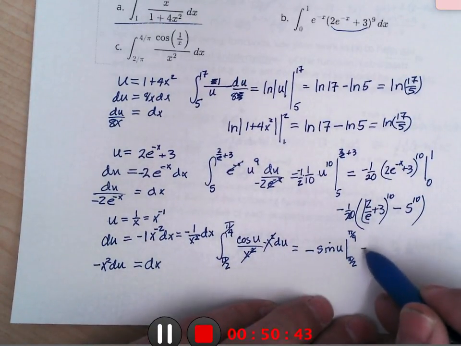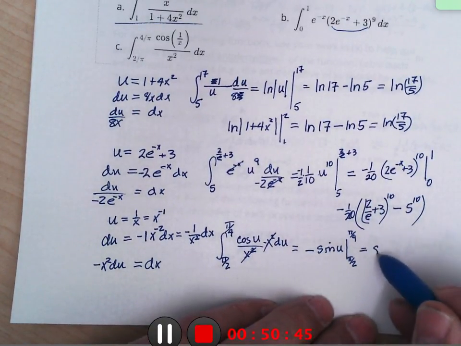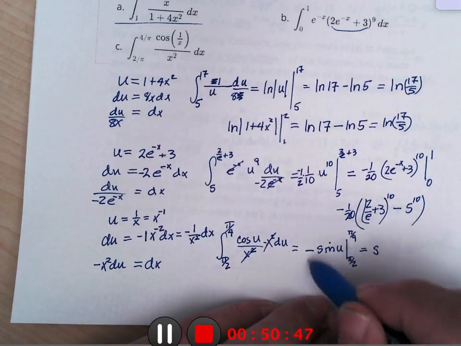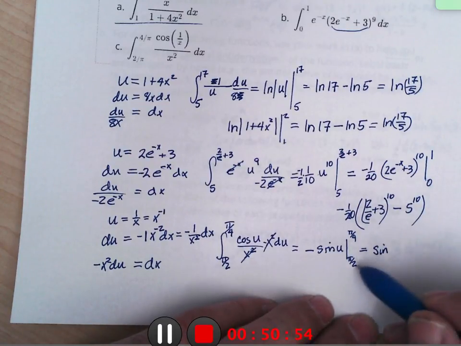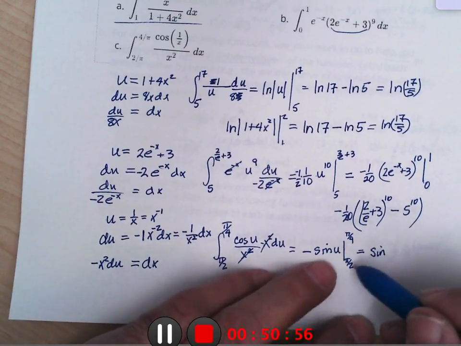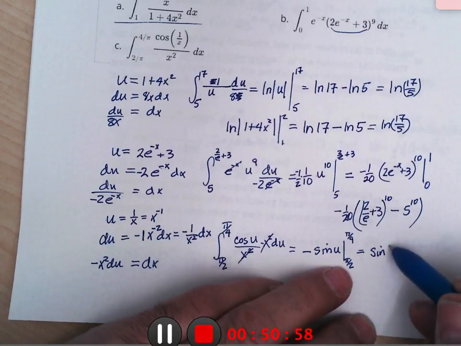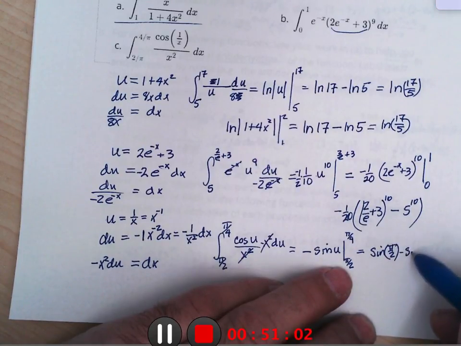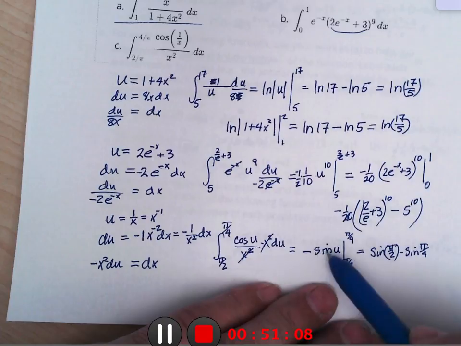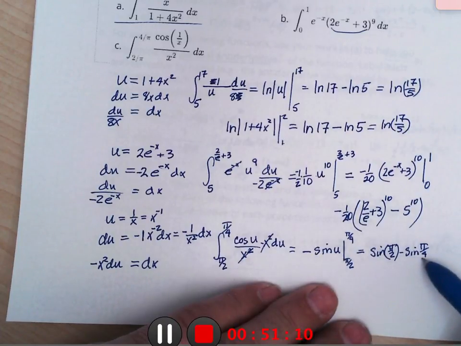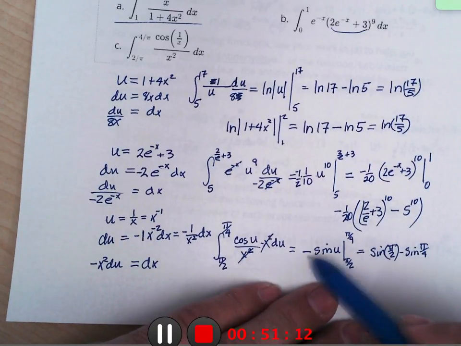That'll be switching the limits of this. It'll change the sign on this. It will be sine of pi over 2 minus sine pi over 4, or if I hadn't, it would have been minus sine of pi over 4, which is that, minus a minus, which would be plus sine of pi over 2.